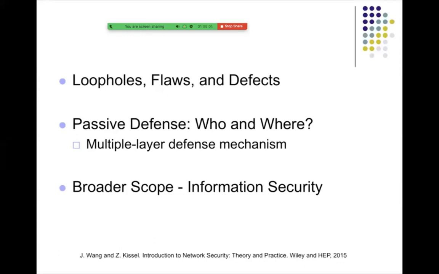Okay, so then by law, to provide network security, we can only be passive. In other words, we can only provide passive defense for network security. We can set up mechanisms, defense lines, to protect our data.